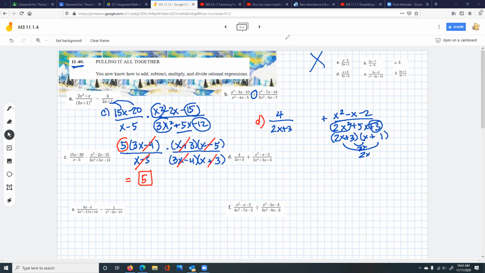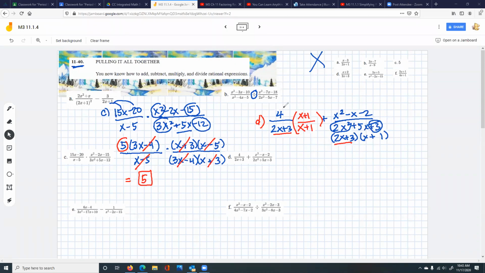You notice these are both the same. That's a 2x plus 3 and that's a 2x plus 3. So I just need to multiply this side by this x plus 1 to make a common denominator, x plus 1, like that. Okay, so erase this inside stuff here. Change my color.